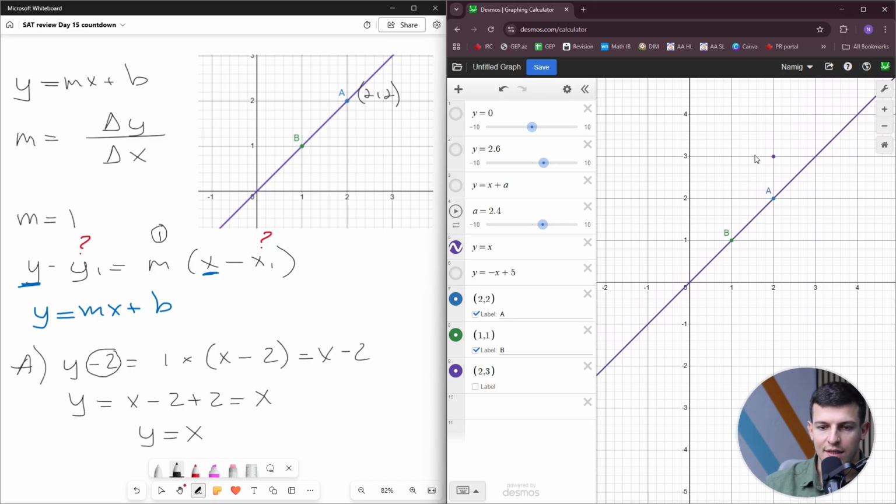That means it doesn't follow the function that we have, y equal to x. It doesn't follow that rule, because a function is basically a behavior, a rule, right? So it doesn't follow that, that's why it's outside. If I change it to 3, 3, now it's going to be on the line, so it follows y equal to x. So as long as the point is on the line, then you can use that for your slope-intercept form.